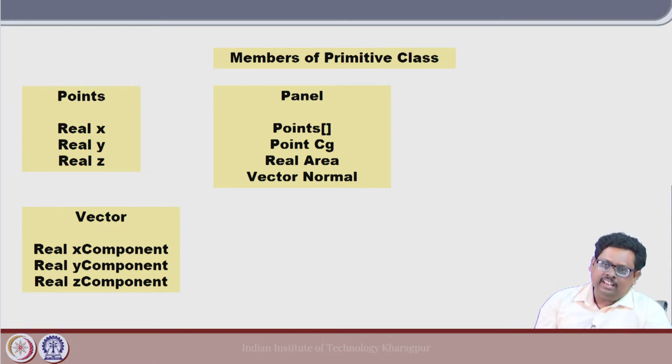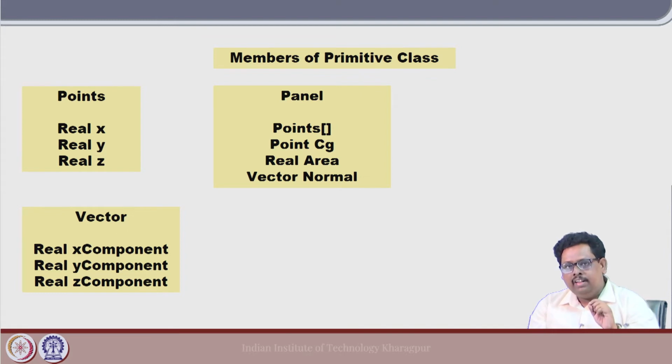So, that should be a real number, that is fine here. So, we have stored that area also, because if you remember, in case of the one point Gauss quadrature rule, you need to find out the functional value at the centroid. So, you need the location of the centroid and multiply by the area of that particular panel.